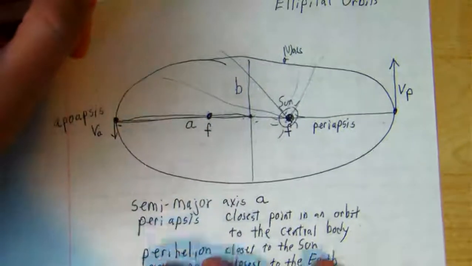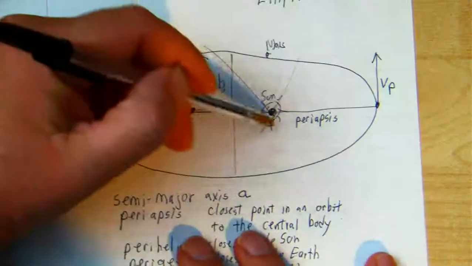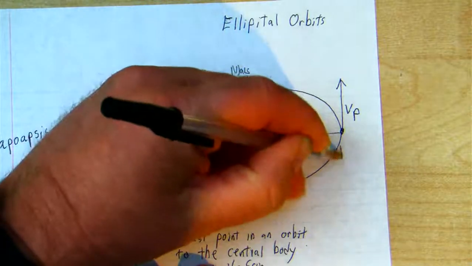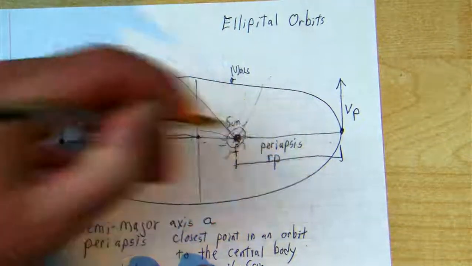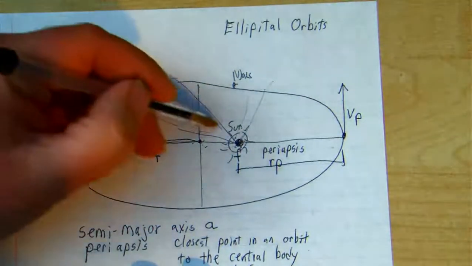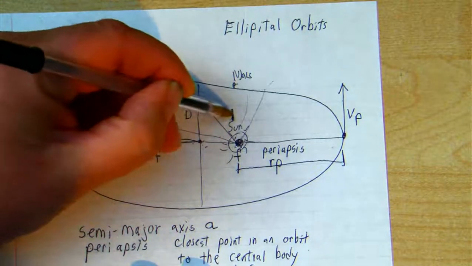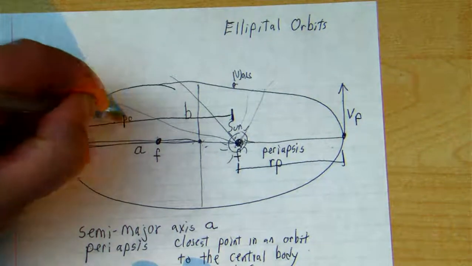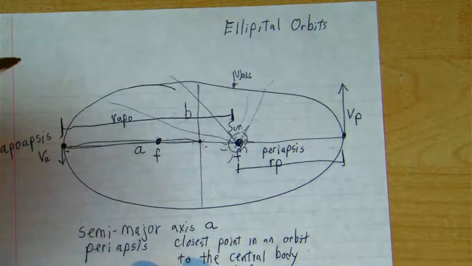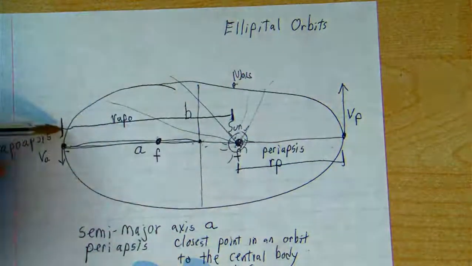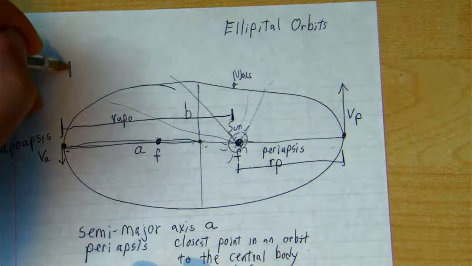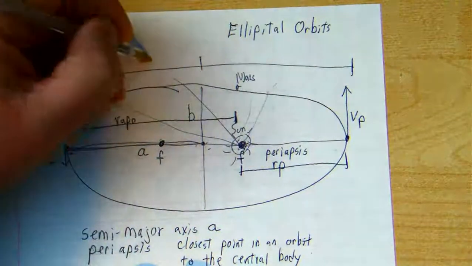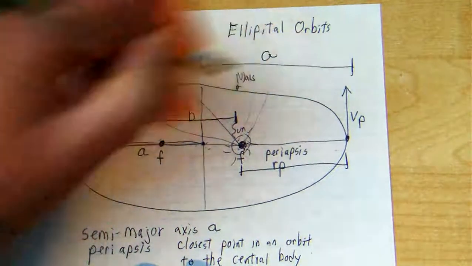How do we get that? The periapsis distance on this diagram would be the distance from here to there. That's our peri. The apoapsis distance is the distance from here to there. That's our apo. If you add these two distances together, you go all the way from here to there, and this distance is 2a.